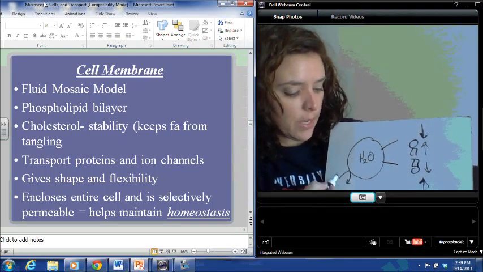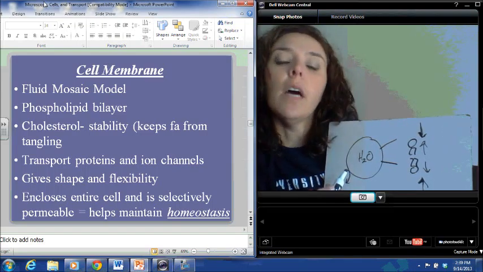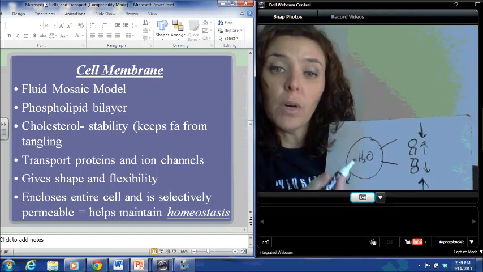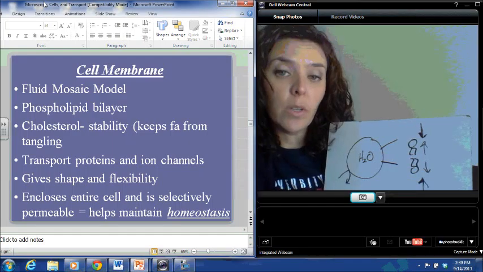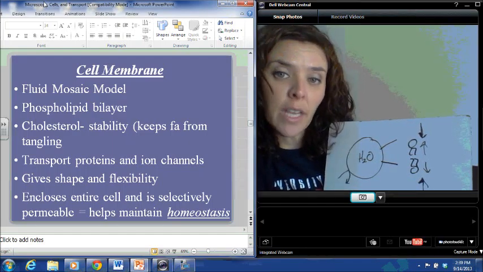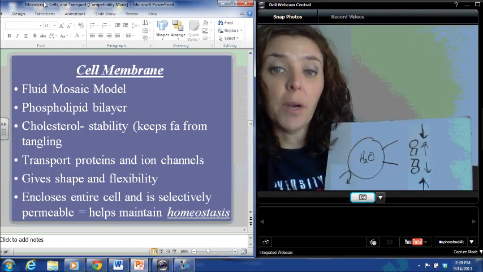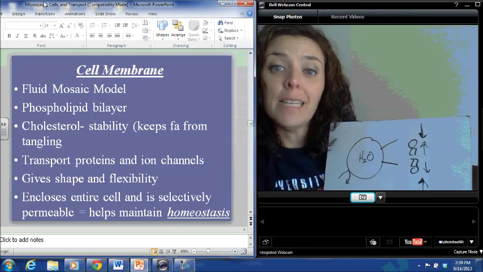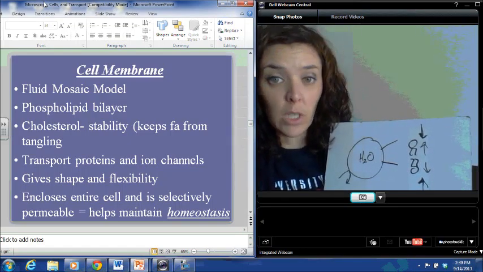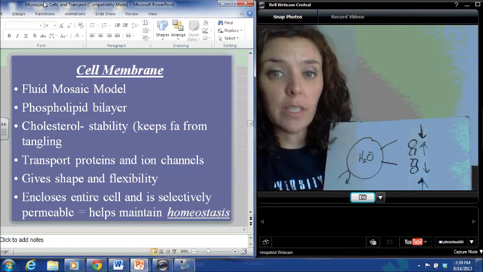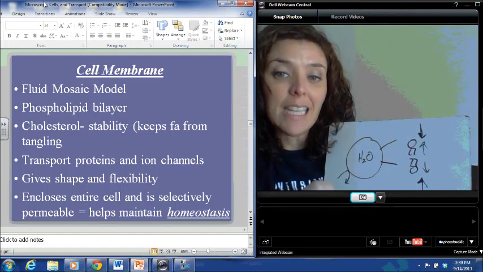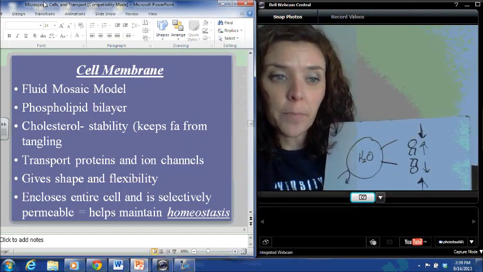The membrane is very selective on what can go in and what can go out, so it's referred to as a selectively permeable membrane. If you think of permit, does it permit things to go into the cell? Yes, some things, but not all things, and that's why we say it is selectively permeable.